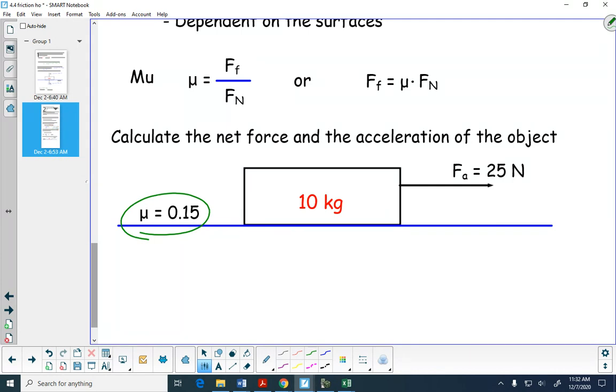We want to find the net force. The net force is the sum of the forces in a direction. We are just dealing with horizontal forces in this case, because we have a horizontal plane.